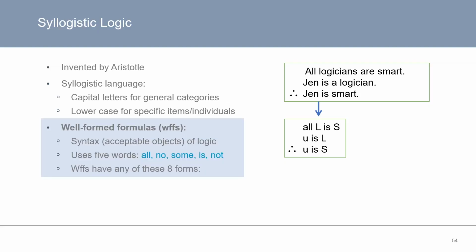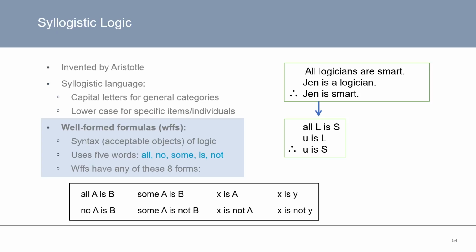Syllogistic logic relies on something called well-formed formulas, which rely on the syntax, or acceptable objects, of logic, specifically using 5 words: all, no, some, is, and not. Well-formed formulas have any of the following 8 forms.